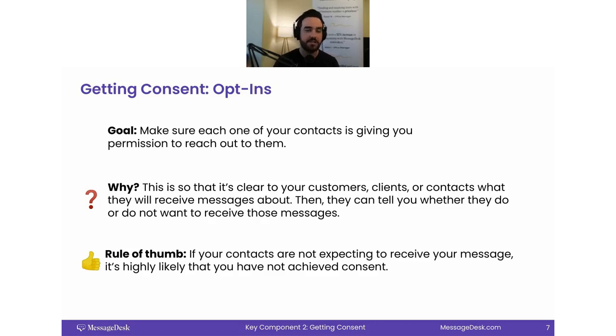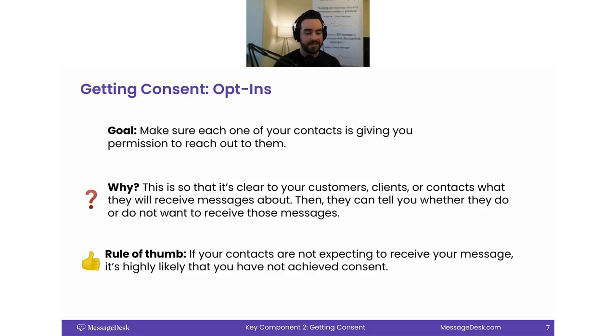As long as you're not messaging about anything outside of that specific context, you should be all good. But consent gets to be especially important for marketing campaigns or alerts for an account, appointment reminders, places where you are going to be initiating the conversation with your contact. Basically, consent as a whole is just giving your contacts the opportunity to say yes or no, I don't want to receive those messages.